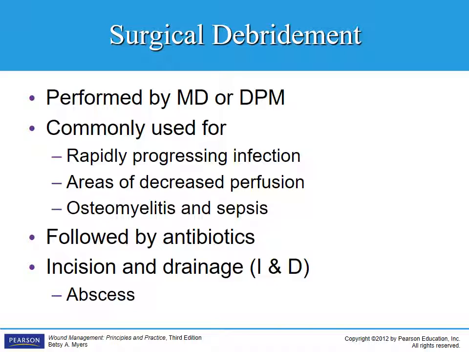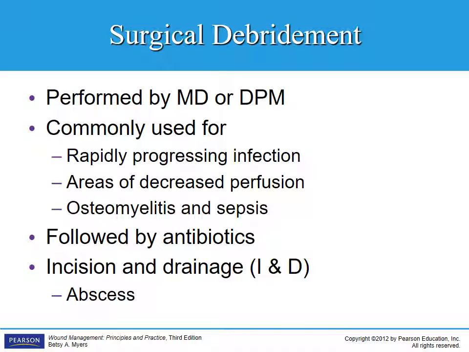You want to get the necrotic tissue out of that area that doesn't have good blood flow, or if there's osteomyelitis or sepsis in the area, then the physician will generally go in and do a surgical debridement, and they'll follow it by antibiotics. Generally it's called an I&D, or an incision and drainage.